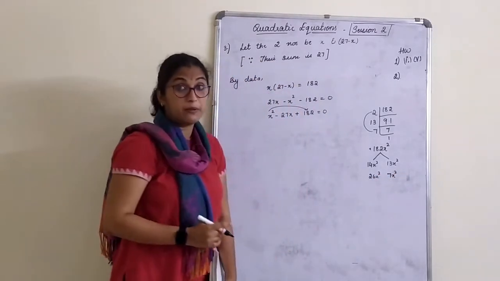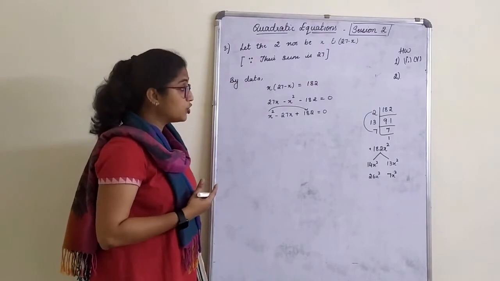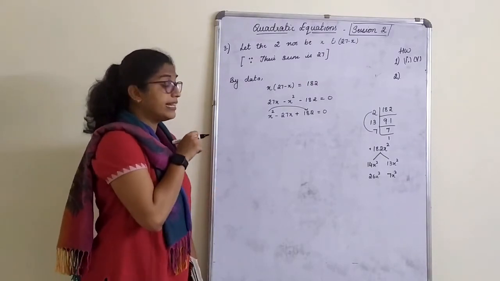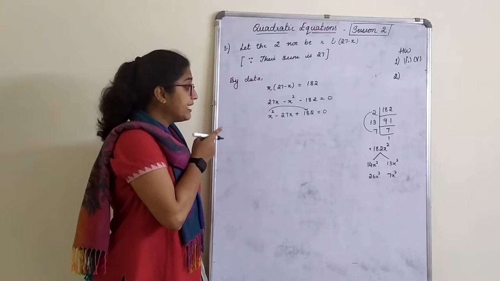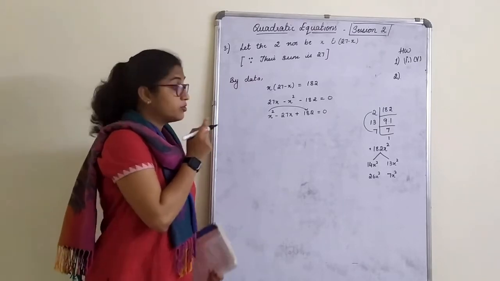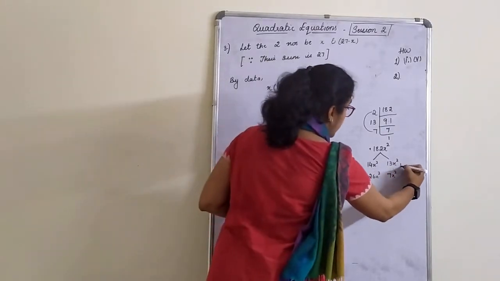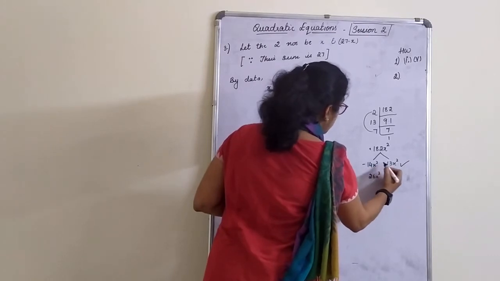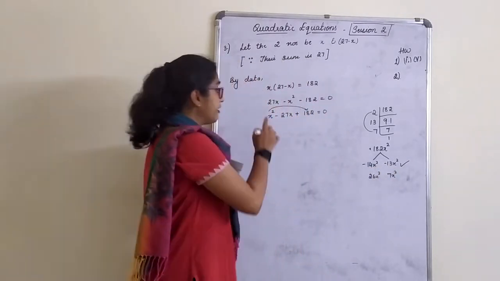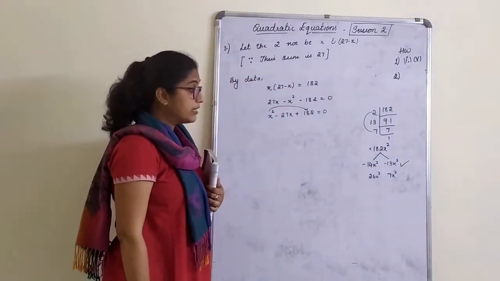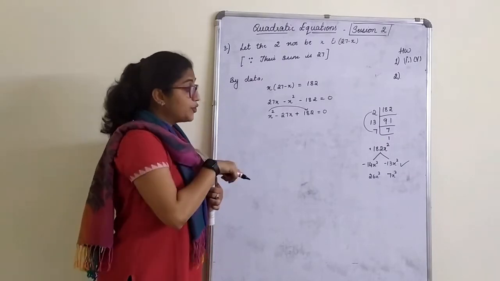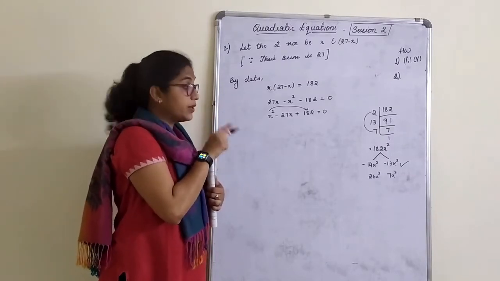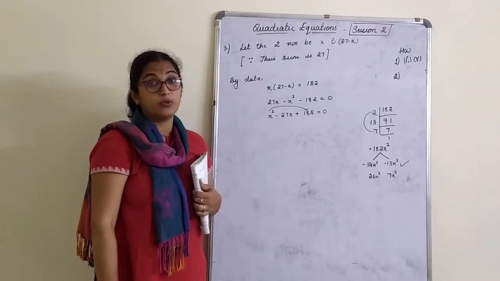I can also try, but under both conditions I will get 182 as a product, but when I add and subtract, I will not get 27. So which is the right one? The first one. It should be minus 14 minus 13, which will give me minus 27. 14 plus 13 is 27. Minus 14x square minus 13x square will give me plus 182x square.